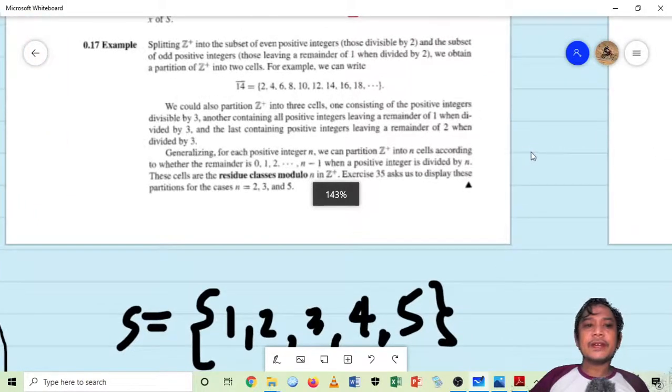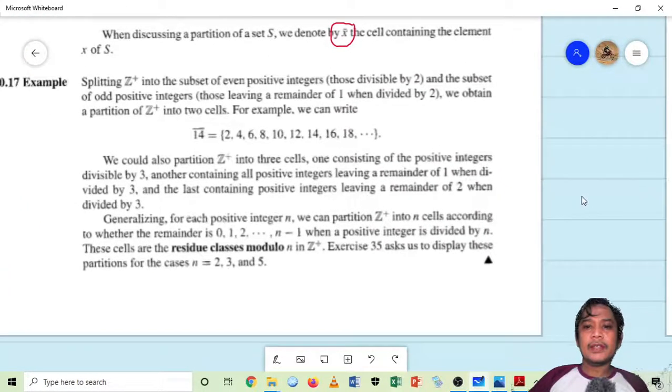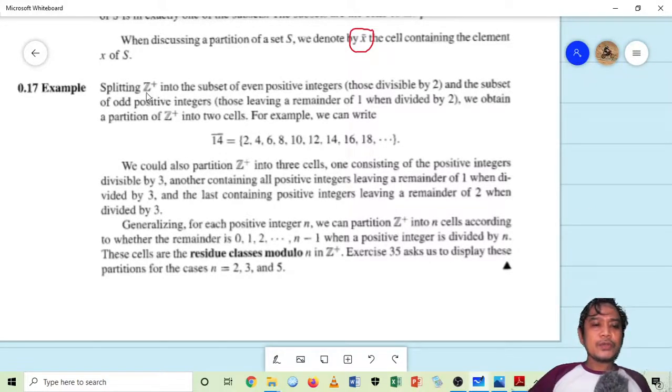So, for example, if we are to consider the set of positive integers, Z plus, and then split the set into 2 subsets, one having positive even integers, meaning those that can be divided by 2, and the subset containing the odd positive integers, which would leave a remainder 1 when divided by 2, for example 3, 5, 1, 7, and so on.